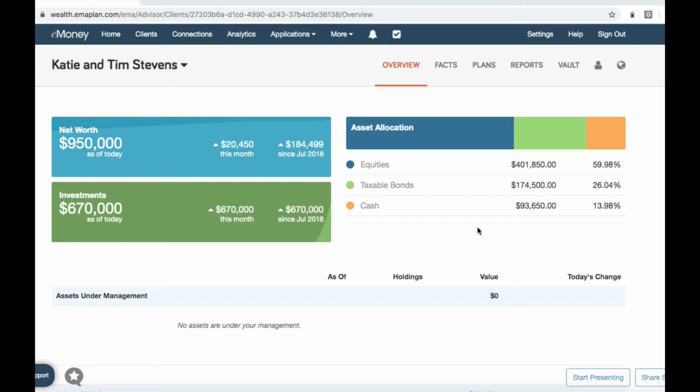And today I wanted to go over what an account aggregator program is. Now, if you've read my blogs in the past, there was one blog probably a year and a half ago that I did on Personal Capital. Personal Capital is an account aggregator. And what that means is that you are able to connect all of your accounts into one site. It doesn't matter where your accounts are being held.